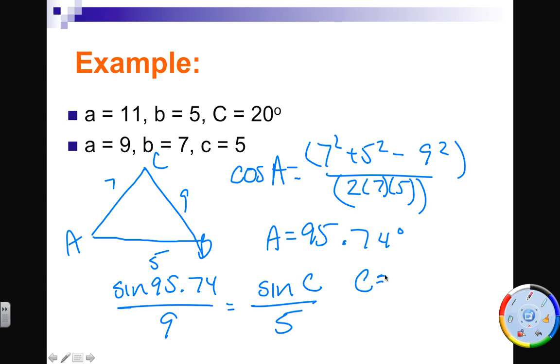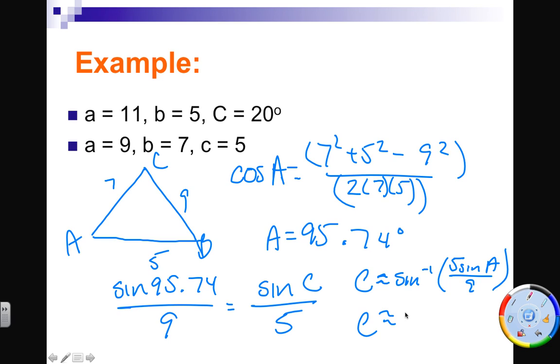So C is approximately equal to the sine inverse of 5 sine A over 9. I'm going to store that last answer for A. So store alpha A. Then I'm going to do sine inverse of 5 sine answer divided by 9.